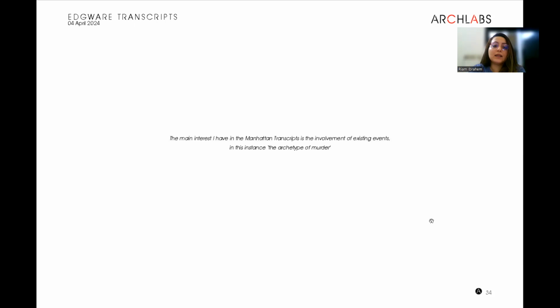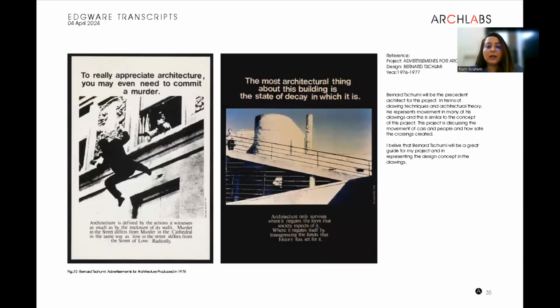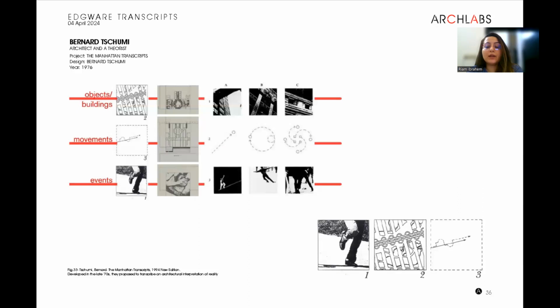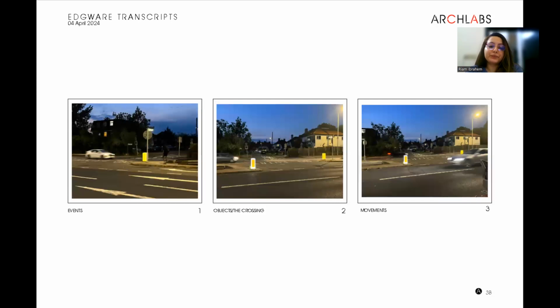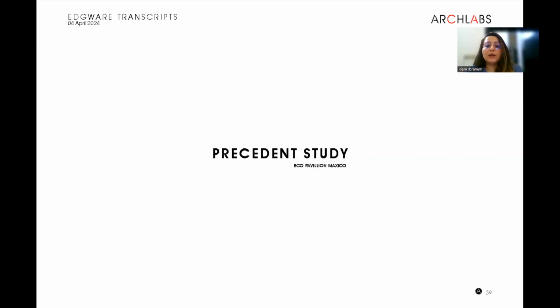The precedent study, as I said, is the Manhattan Transcripts by Bernard Tschumi. As an understanding of this case study, I started looking at the events. What is the event that's currently happening on the site? How safe is the existing event, which is the event of crossing the road? It's showing here: 1 event, 2 objects in crossing, and 3 the movement of the car or the person.